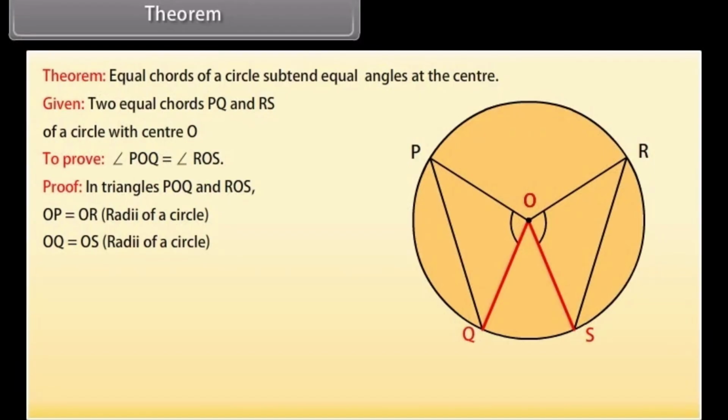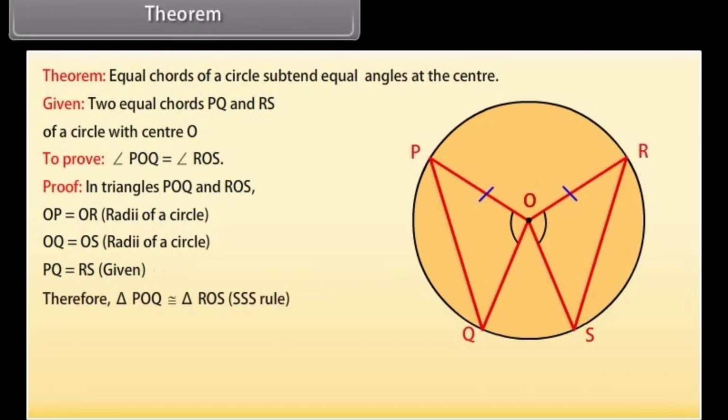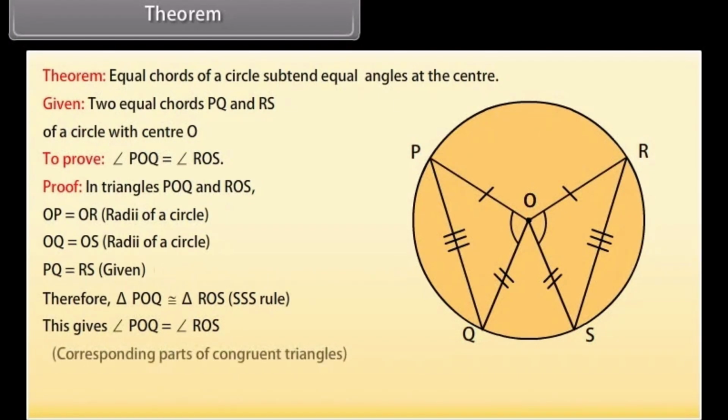OQ is equal to OS. These are also the radii of a circle. PQ is equal to RS, given. Therefore, by the SSS congruence rule, triangle POQ is congruent to triangle ROS. This gives angle POQ is equal to angle ROS, because corresponding parts of congruent triangles are congruent.